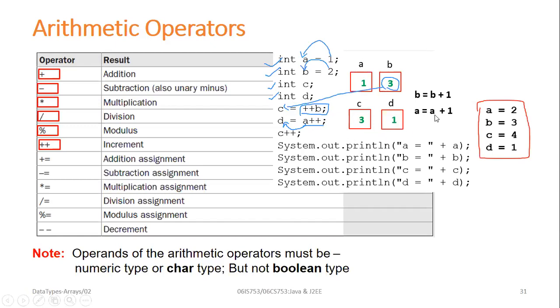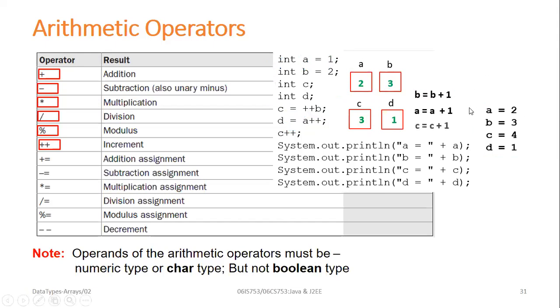After storing the value, I increment, and the value has changed from 1 to 2. But notice the difference here. For plus plus B, first I incremented B equal to B plus 1, and after incrementing, I stored the value. But with A plus plus, first I stored the value in D and then I incremented, right? That's a very, very important thing you need to observe.